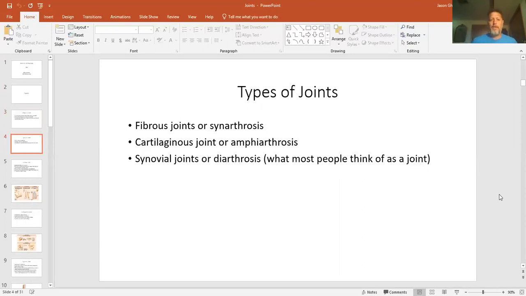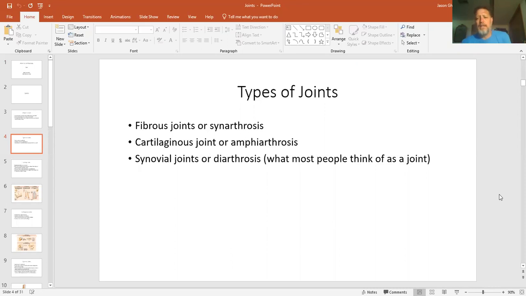There's types of them. There's the fibrous, cartilaginous, and synovial, which are structural terms. Then synarthrosis, amphiarthrosis, and diarthrosis are movable terms of how they function.